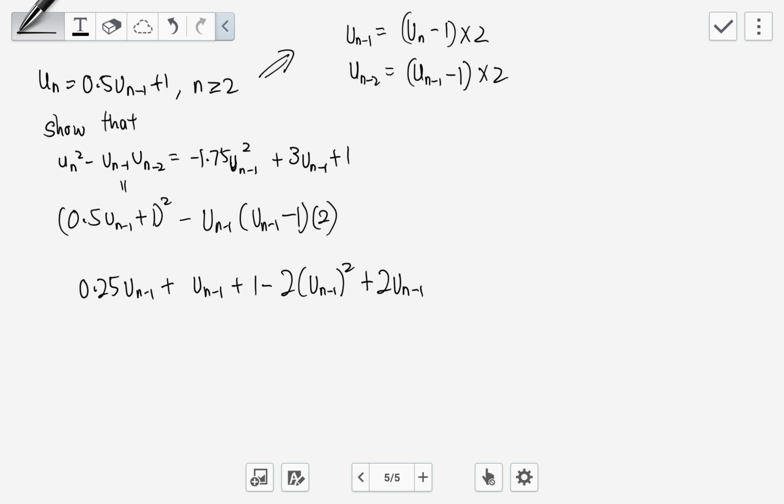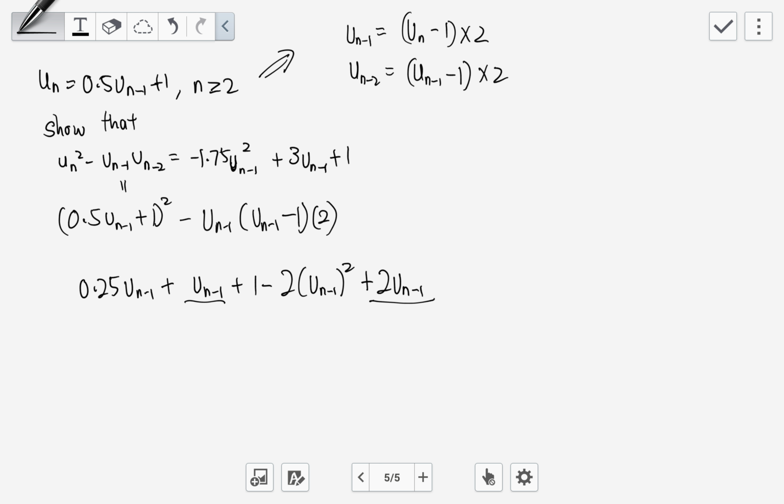Okay, so then we have this, or we combine all the u_{n-1}: 2u_{n-1} plus 1 u_{n-1} is 3u_{n-1}. Then I think I did something wrong here, did I? No, I think I'm correct. u_{n-1}, 2 plus 1 is 3.